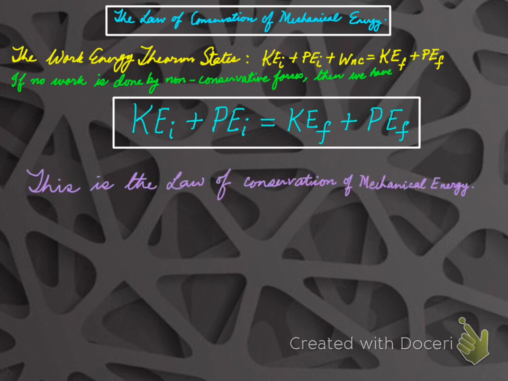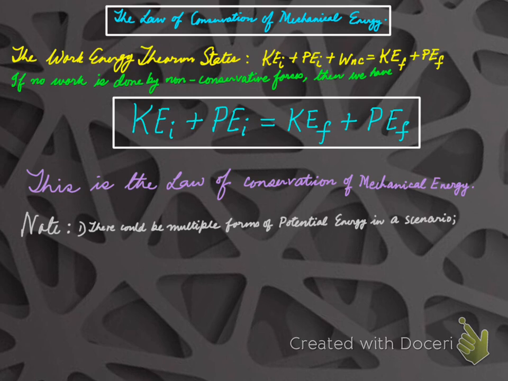Now, this is called the law of conservation of mechanical energy, as I mentioned below, and it is one of the most important laws for solving problems. Now, here's a note. There could be multiple forms of potential energy in a scenario. So it is not necessarily true that we'll have only one kind of potential energy.